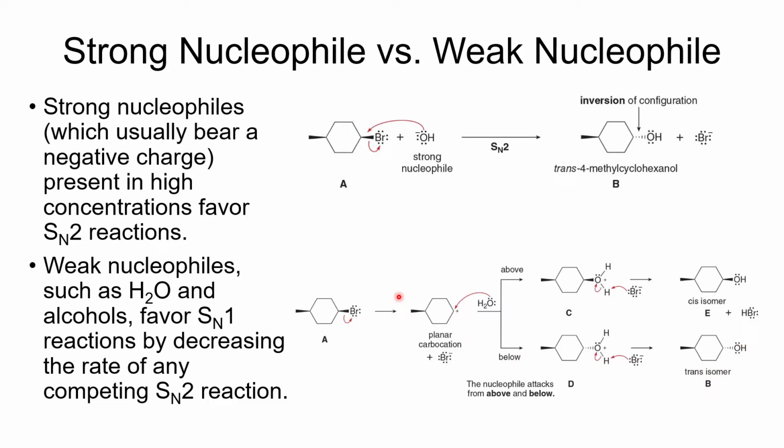All right. Now, one thing I want to point out about this is that A has no stereogenic centers. So we're not doing racemization here. We are converting this from this isomer to a cis and trans isomer. So these are diastereomers of each other.